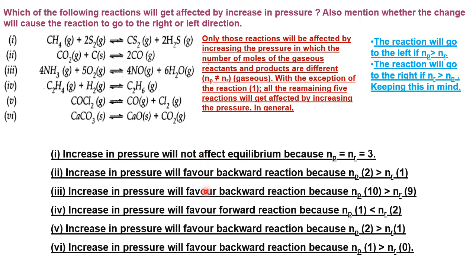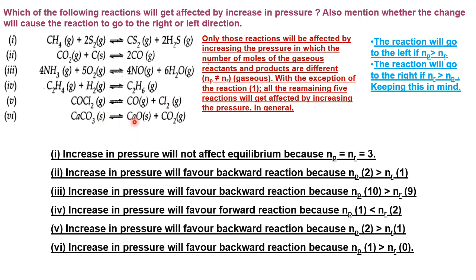Now this one, gas, 2 moles to 1 mole, high pressure to low pressure, so this is favoring high to low. If you increase the pressure, it is already preferring high to low, so by increasing, it is a plus point. So it is a forward direction. Now this is what?